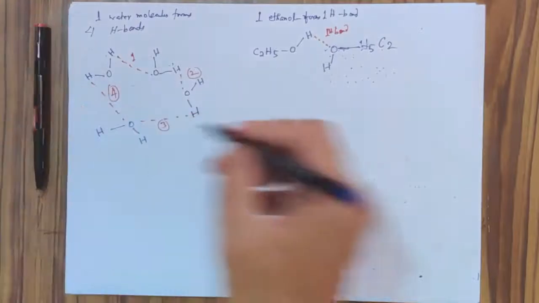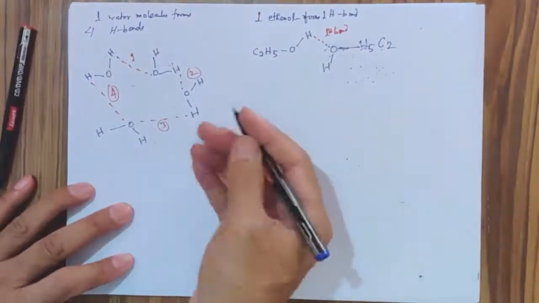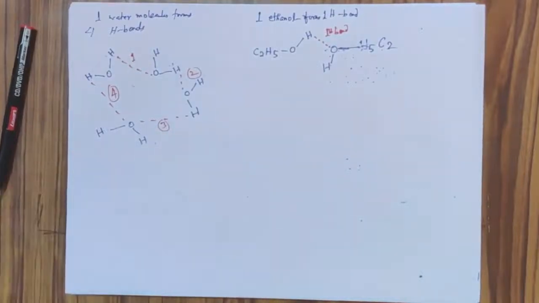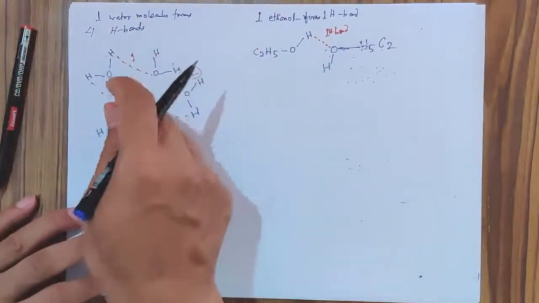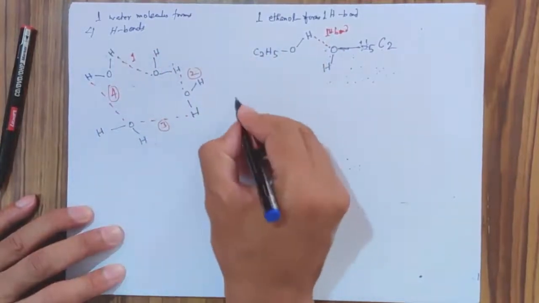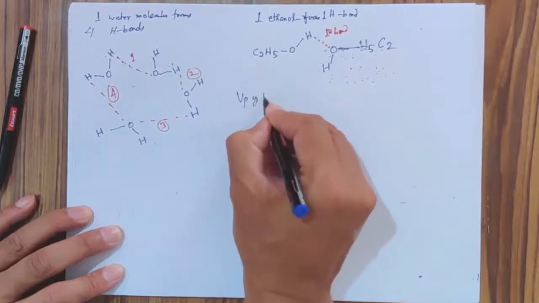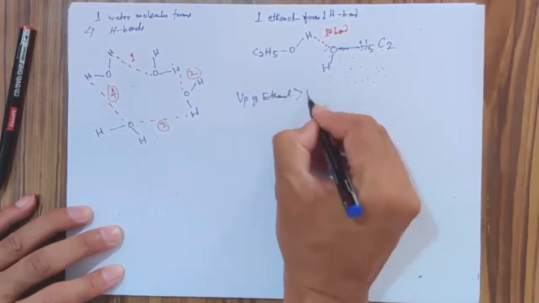At the same temperature and pressure, room temperature 25 degrees centigrade, 298 Kelvin, 1 atmosphere, you compare water and ethanol. The vapor pressure of ethanol is more than the vapor pressure of water.